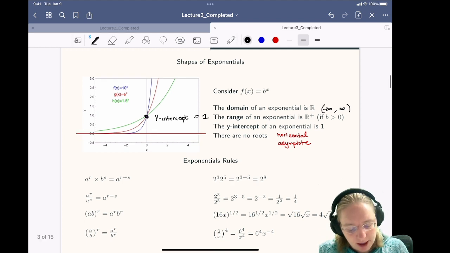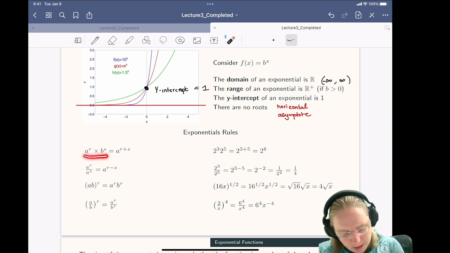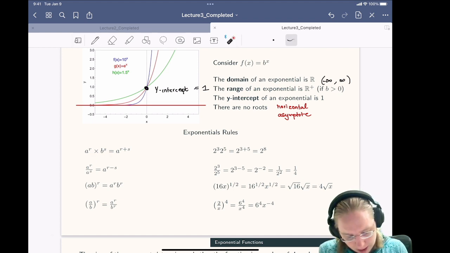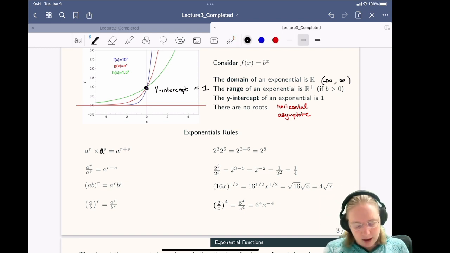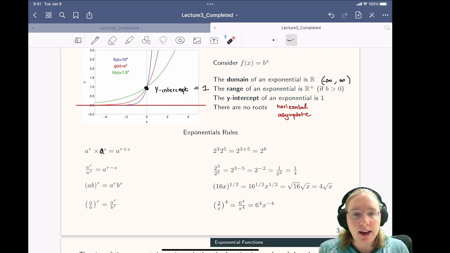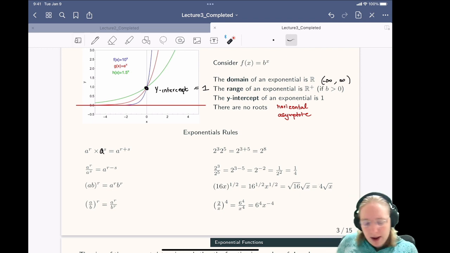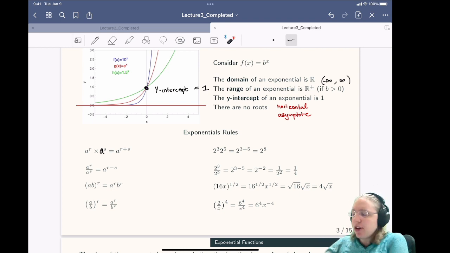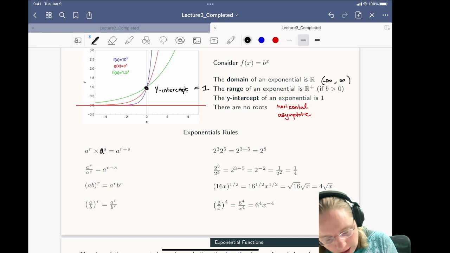In order to deal with exponentials, we have a few rules. First, if you have two exponentials multiplied by one another, then you can add their exponents. So if you have a to the r times a to the s, then you have a to the r plus s. One way of thinking about this is to actually put in values for what a, r, and s are.